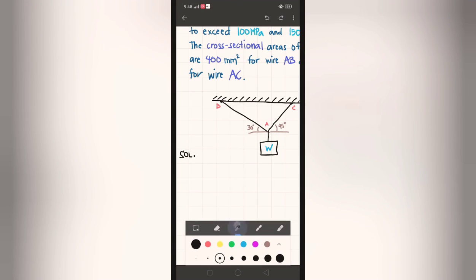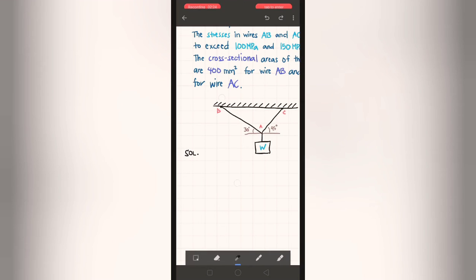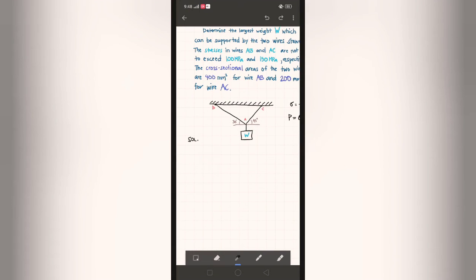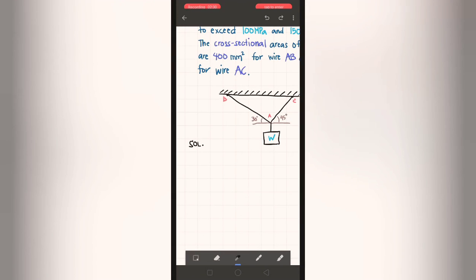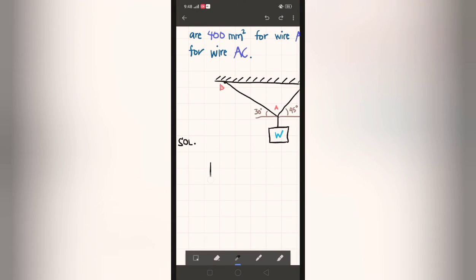So to solve for this one, we will first find the forces in wires AB and AC in terms of the weight. So to do that, we have 3 options.